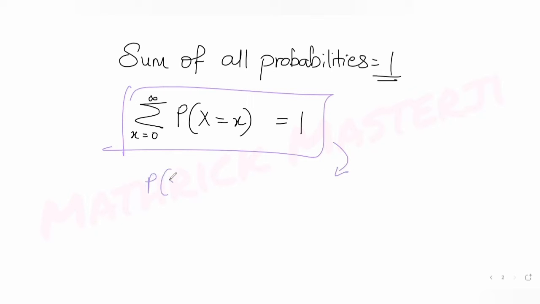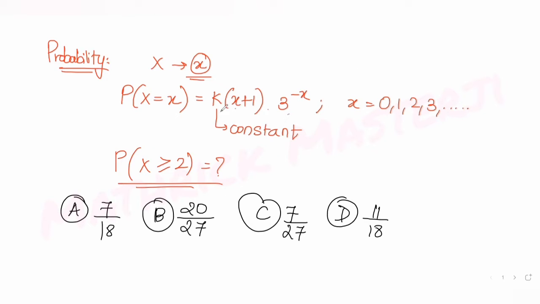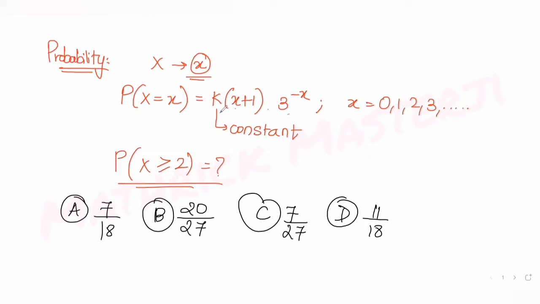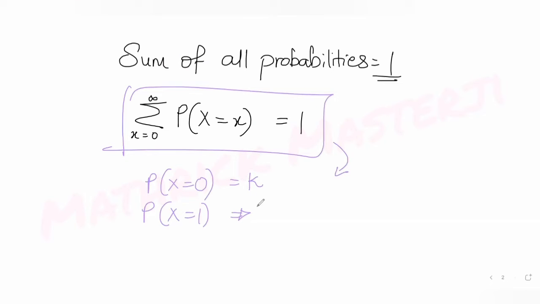Probability at x = 0: putting x = 0, I get k into 1 into 3 raised to 0, which is 1. So it basically becomes k. Probability at x = 1: k into 1 plus 1, which is 2, and 3 raised to minus 1. So that gives k into 2 over 3.